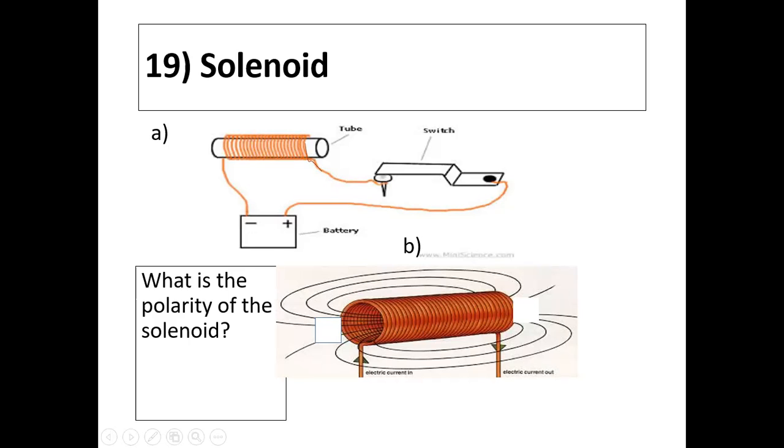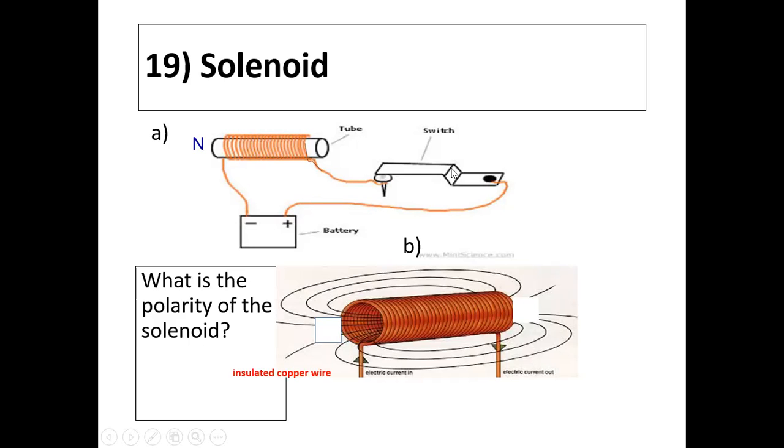So you have to know the direction of the current. But I don't understand why it is coming out. So A is what? This part is what? North or south? This is positive.